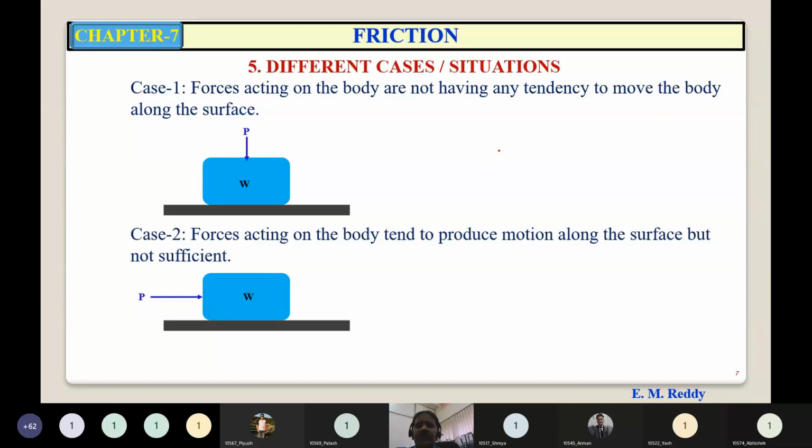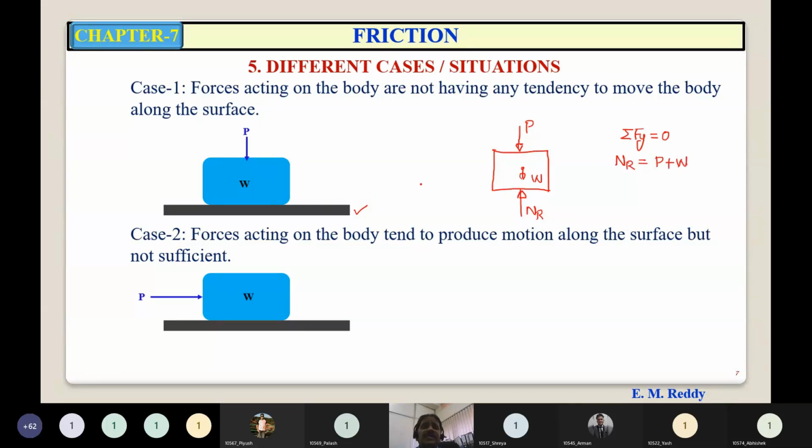If you draw the free body diagram, you have weight of the body, W, acting vertically downwards, applied force P, also acting vertically downwards, and the normal reaction offered by the surface, N, vertically upwards. So in the vertical direction, the body is in equilibrium. So summation Fy is equal to 0, and you have normal reaction N is equal to P plus W.